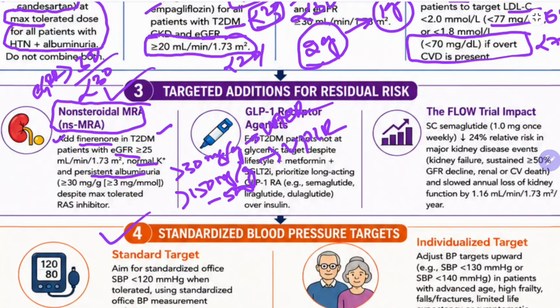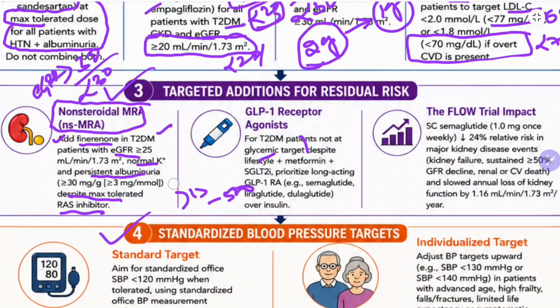So if despite the maximum tolerated RAS inhibitor, ACE inhibitor or ARB at maximum tolerated dose, the patient still has proteinuria more than the microalbuminuria range, then you can start finerenone. That is additive therapy.